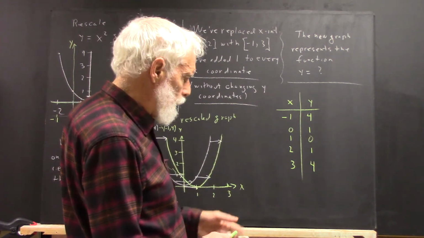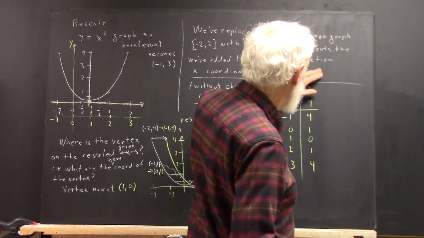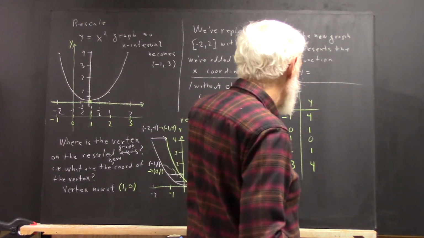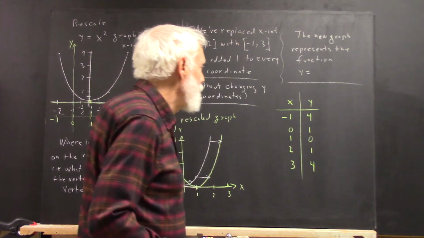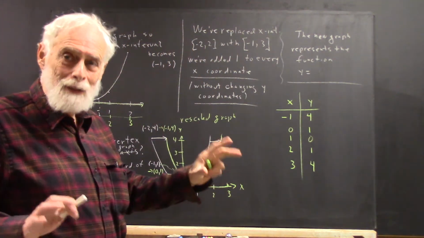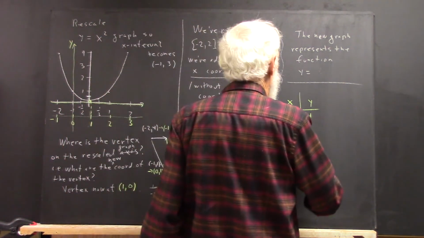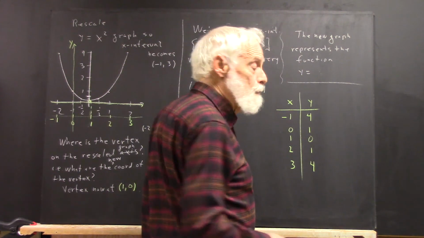Okay, well, what is this function? I don't expect you necessarily to figure it out right now. Tiffany made a really good attempt. Wasn't quite right, but it was a good start. Okay? I'm going to tell you what it is, and then we'll compare it with the table.